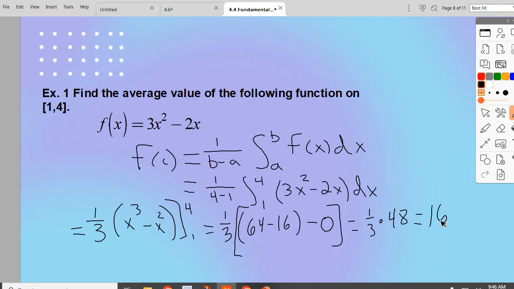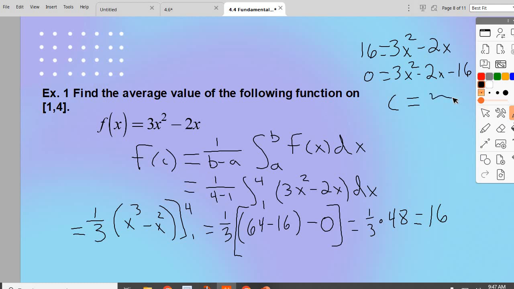We plug it in and set it equal to our original equation and solve. We said that we would find our f of c, which is our y value, set it equal to our original equation, and then we would say that c equals whatever.